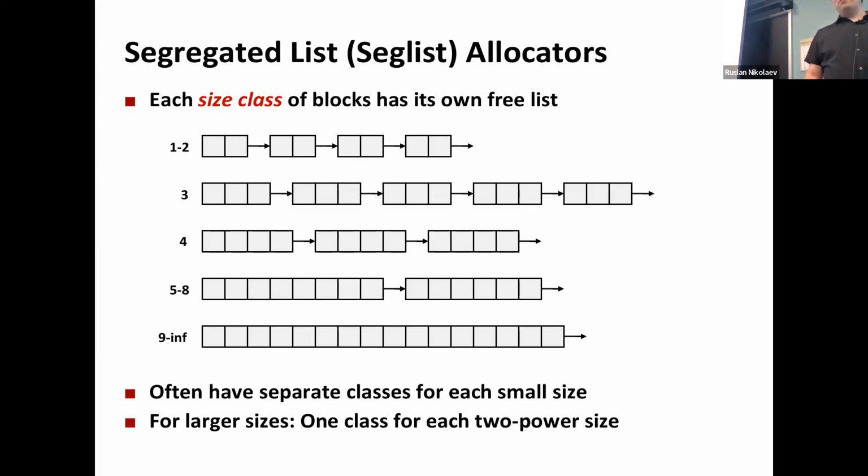So you're going to have at most 64 lists, actually less than this, because you're probably not going to keep very small lists, and very large lists are also not necessary because those memory sizes are not even supported right now. But even if I have to keep 64 lists, that's just a constant, right?